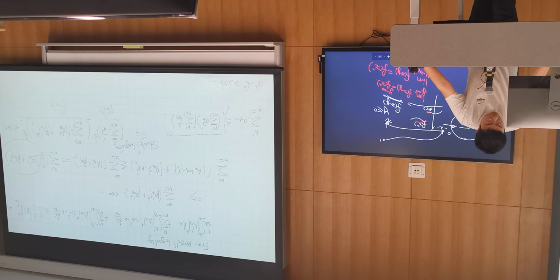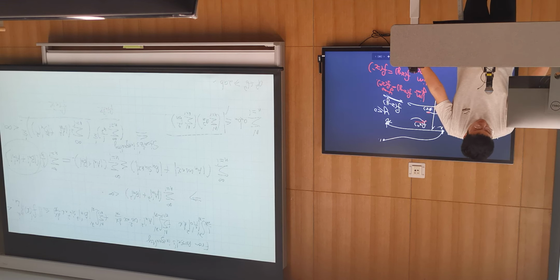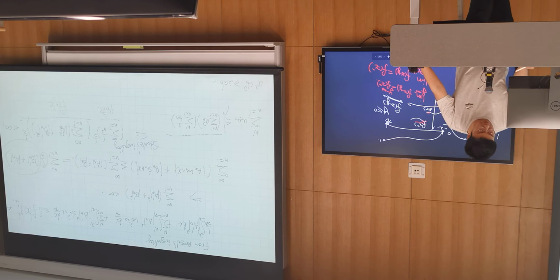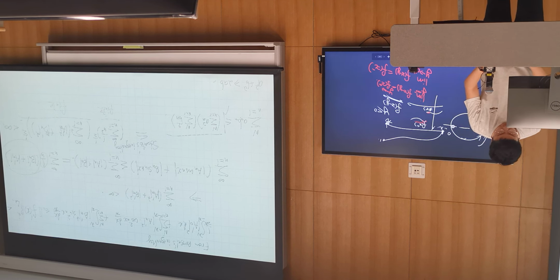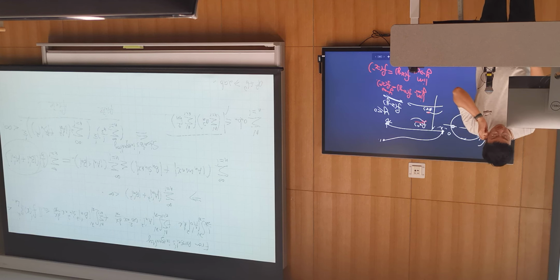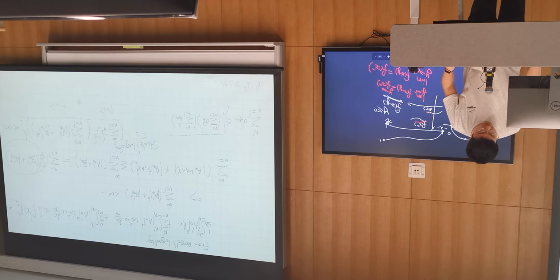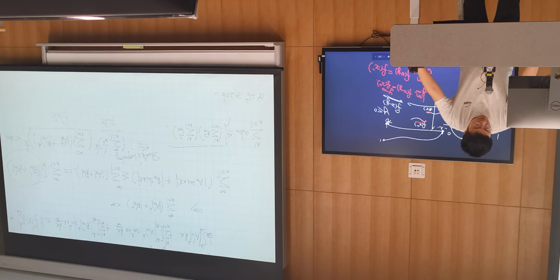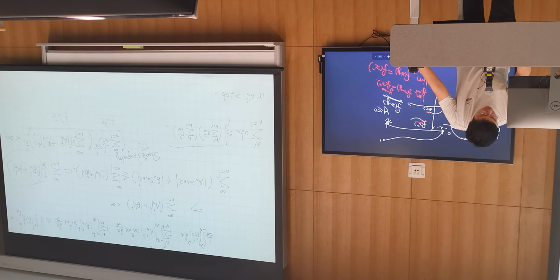Okay, so this result means that the Fourier series converges absolutely. First of all, the Fourier series converges absolutely.